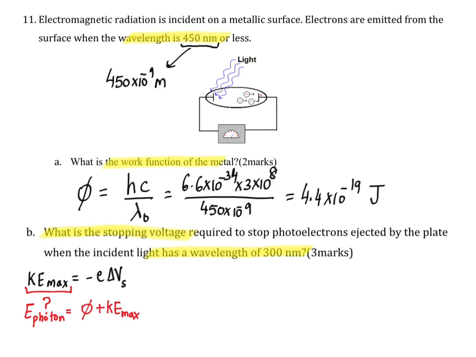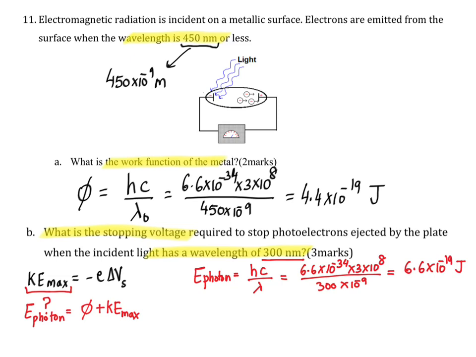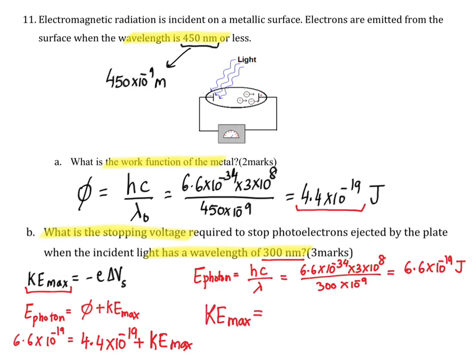The incident wavelength is 300 nanometer, so we'll use that to find E photon. That's our first step, which will be 6.6 times 10 to the negative 19 joules, which we put in place of E photon. Phi we calculated in the first part, so we can use the same number, plus Ke max. Rearrange the formula to get Ke max.